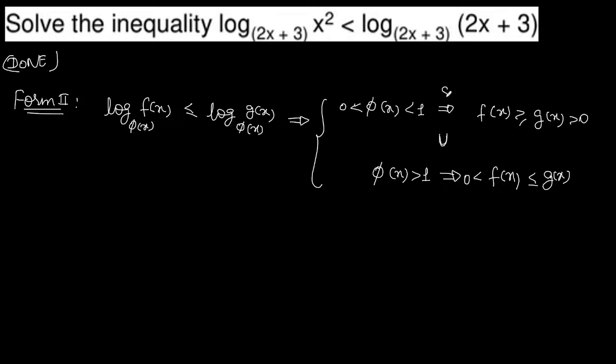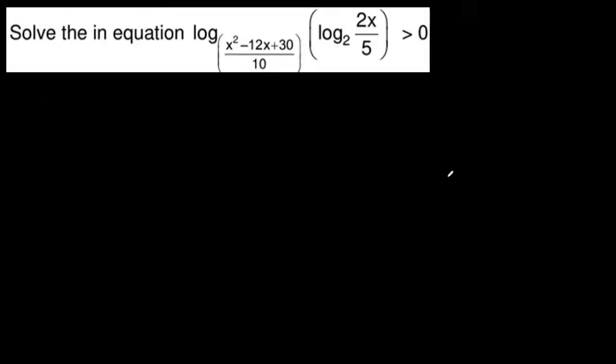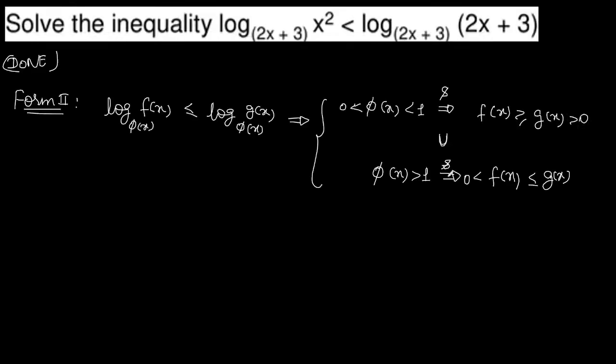Here it is and of both the x, and then union of both the x. This is how we have to proceed. If you want me to take some question, I will take it. So it is the similar fashion. You will do both the cases and you will do the union.